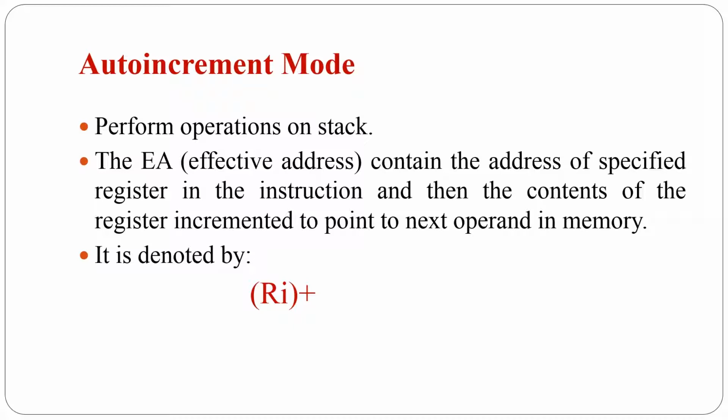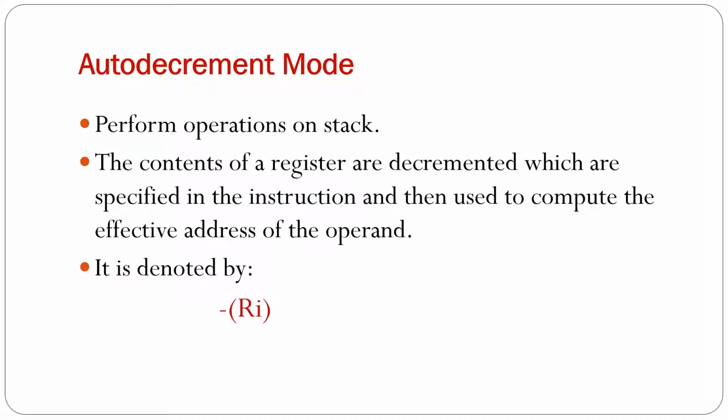It is denoted by Ri plus. Suppose there is a 16-bit word length, the increment amount is 2. The increment amount is 4 for a 32-bit word length. The size of the operand is already specified by the instruction code.